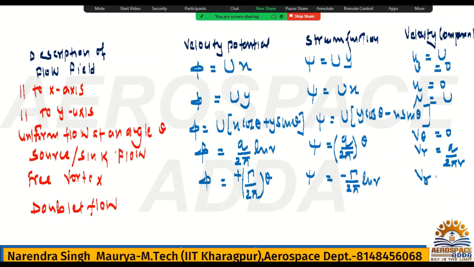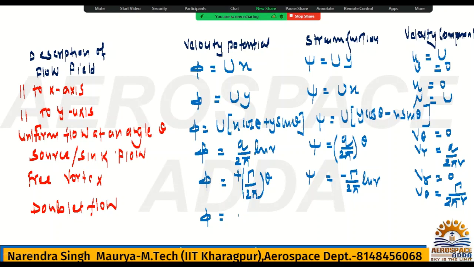Radial velocity was 0 and tangential velocity was circulation upon 2 pi r. Now coming to doublet flow, just now I have given the result for doublet flow.